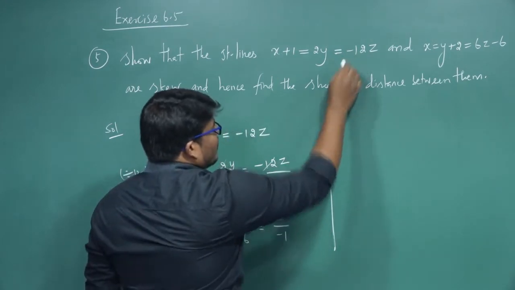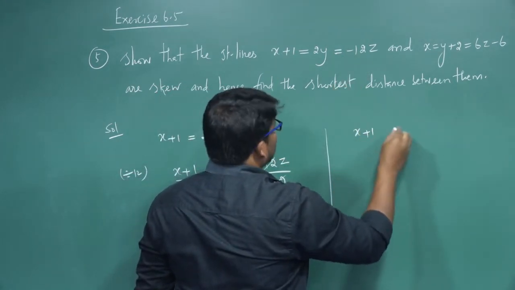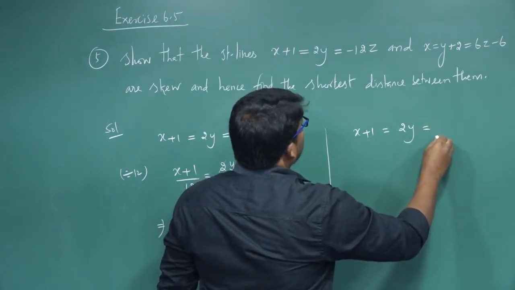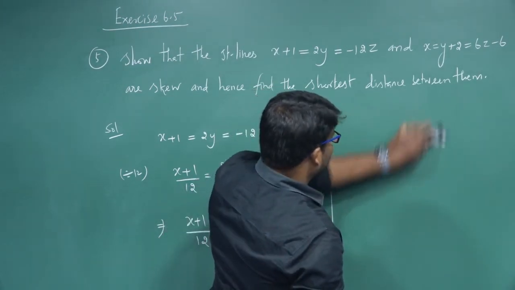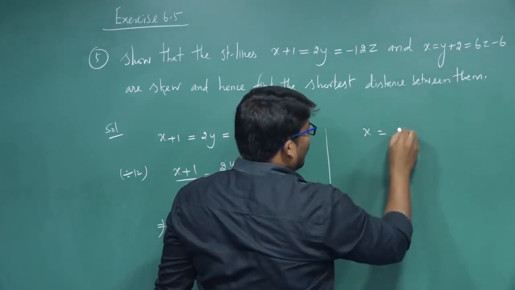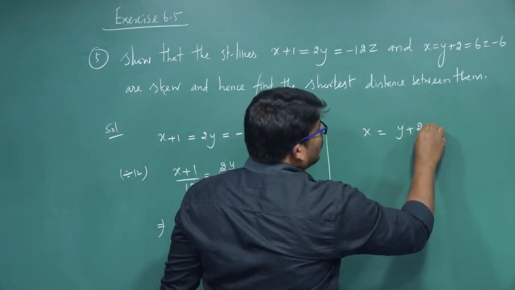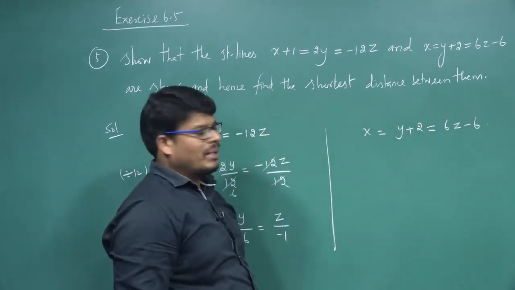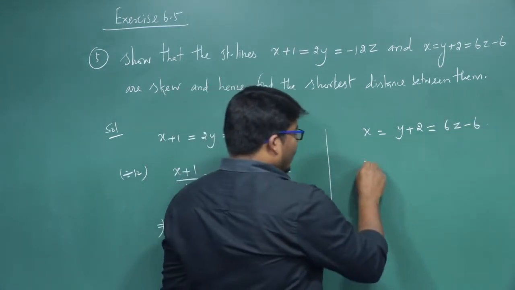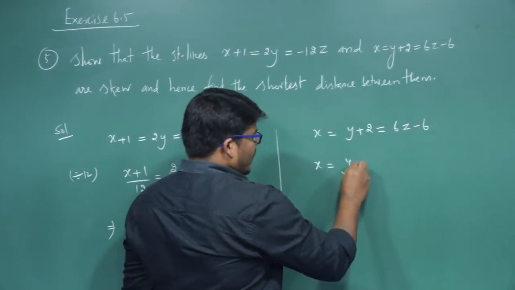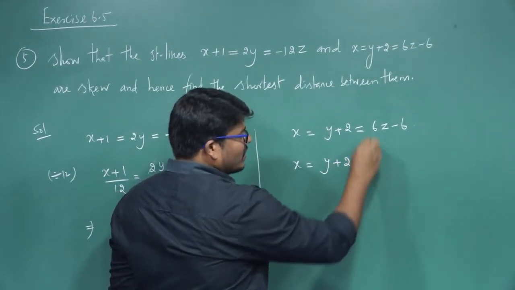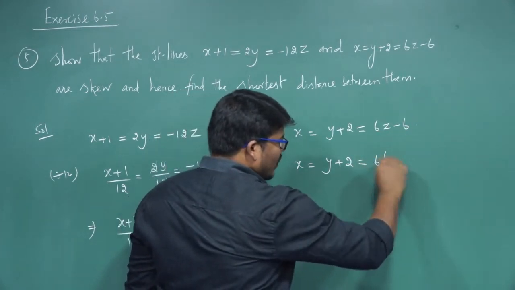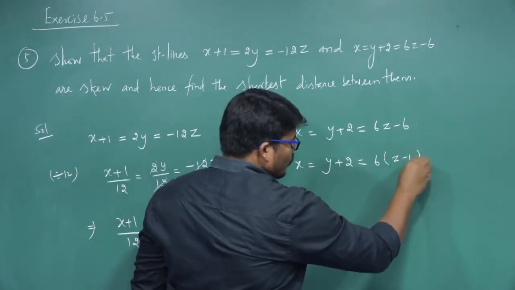And the second equation is x equal to y plus 2 equal to 6z minus 6. Taking 6 common outside, we get 6 times z minus 1.